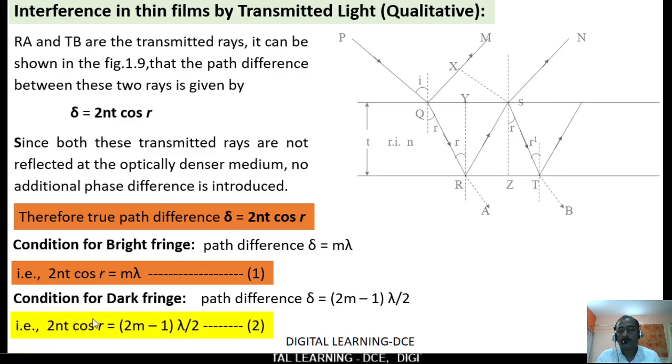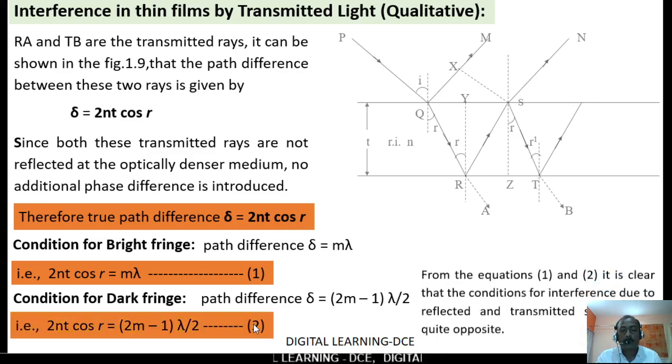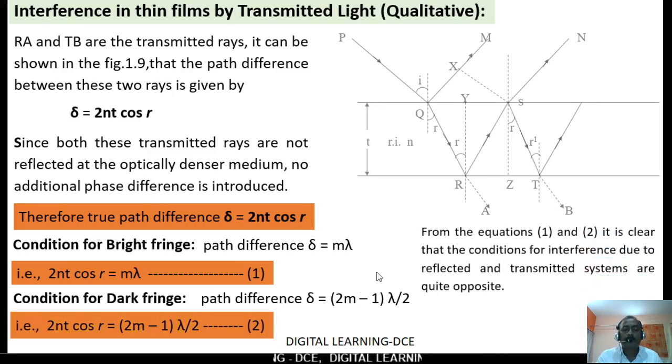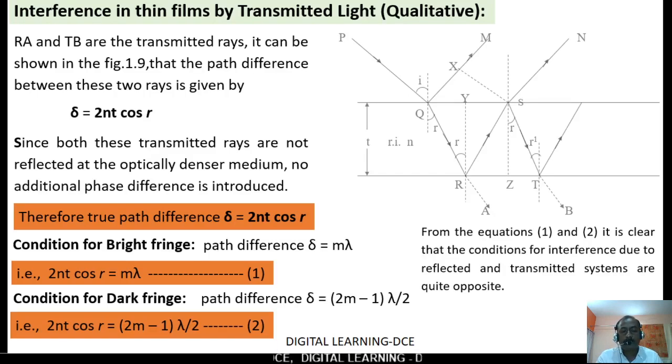We get 2nt cos r equals 2m minus 1 into lambda by 2, let it be equation 2. Hence, from equations 1 and 2, it is clear that the conditions for interference due to reflected and transmitted systems are quite opposite. Hence, the transmitted and reflected systems complement each other.